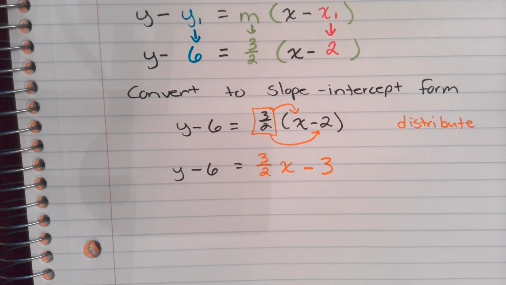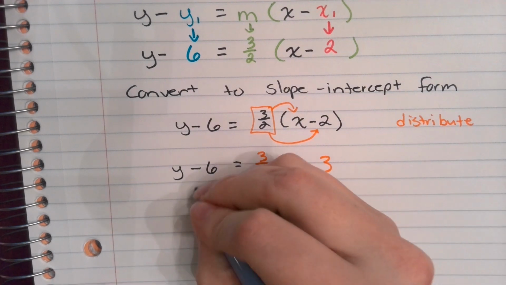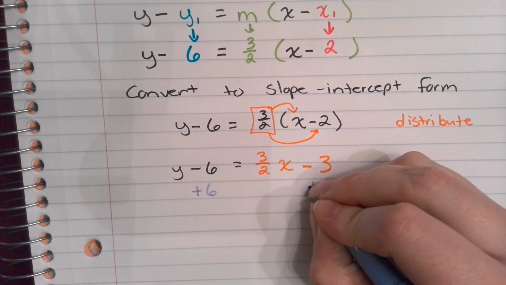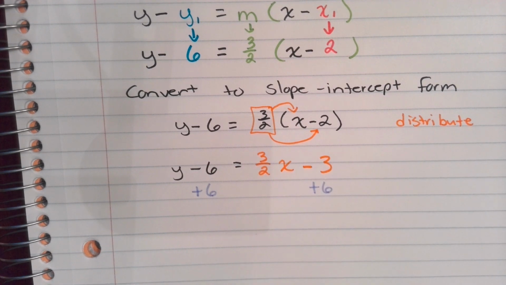From there, you'll then get the y by itself by adding 6 to both sides. Now, adding a value, you can only add like terms. That's different than what we did last week, where we had to divide everything. That's because multiplication and division have to happen equally on both sides to every single component.